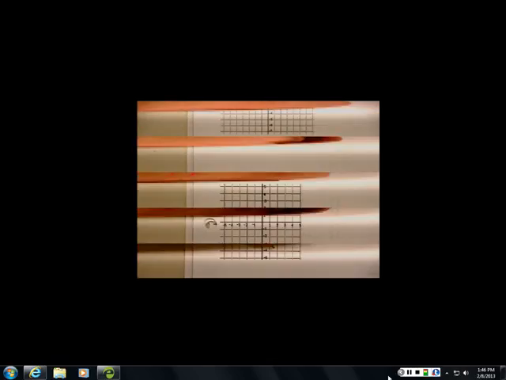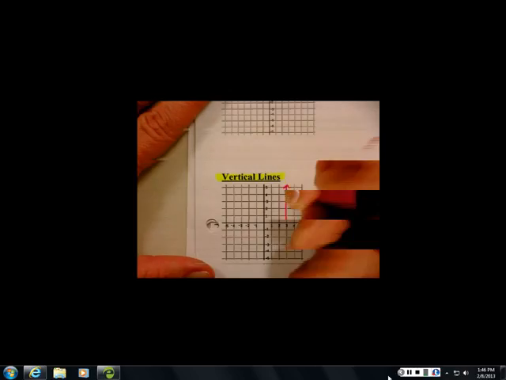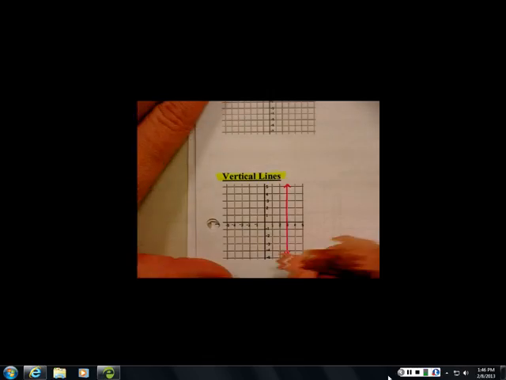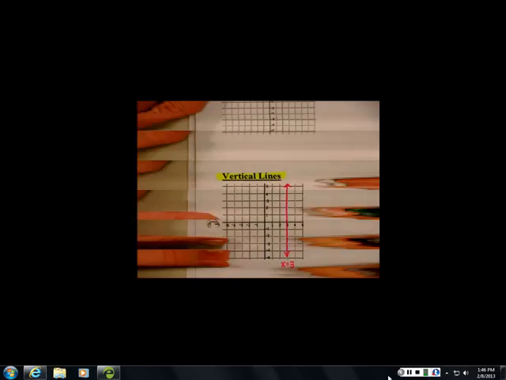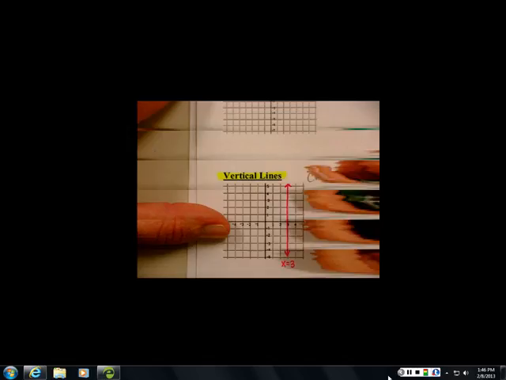So if we were going to graph this vertical line, the x value is always 3. The equation for this line is just x equals 3. Vertical lines, think of it like this.